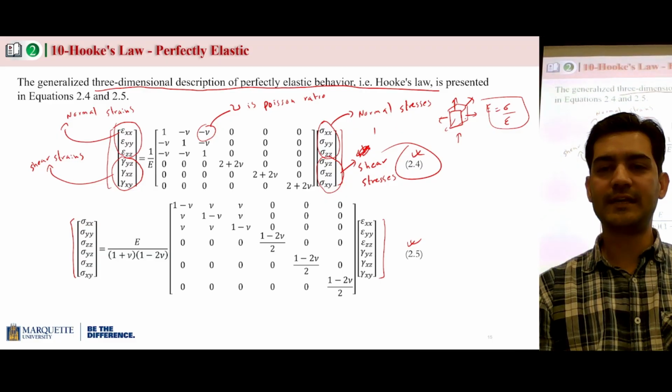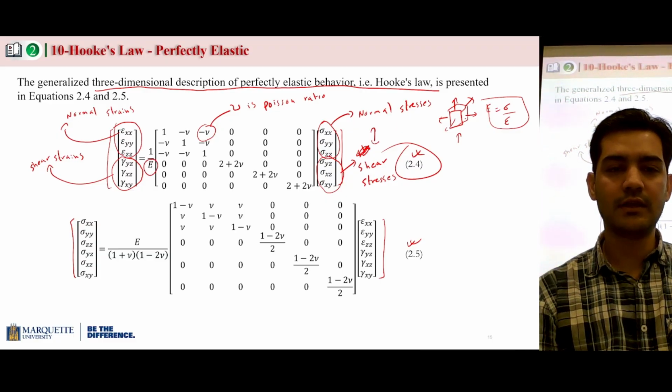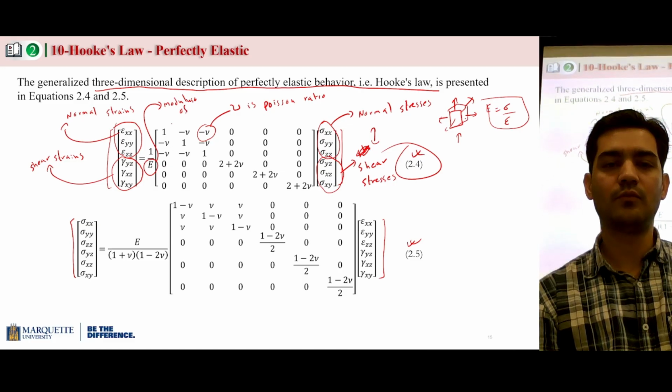So if you know stresses, you can calculate strains. And this E is the modulus of elasticity.